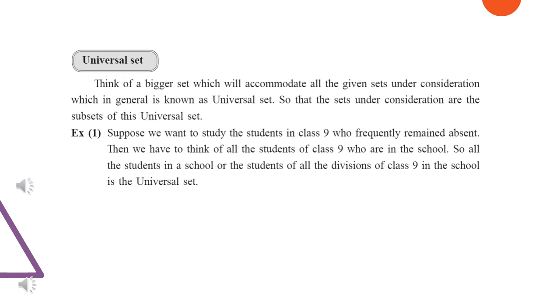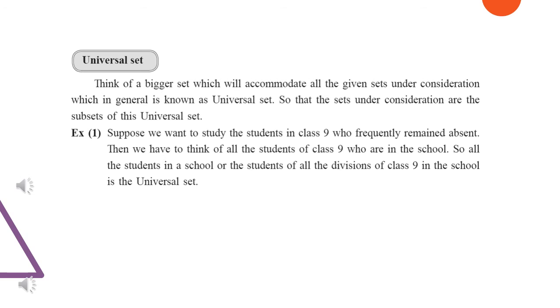So it's a bigger set or a bigger group which includes other smaller groups into it, so that the sets under consideration are the subsets of the universal set. So those smaller groups which are present under the universal set will be nothing but the subsets of the bigger set, which is known as the universal set.